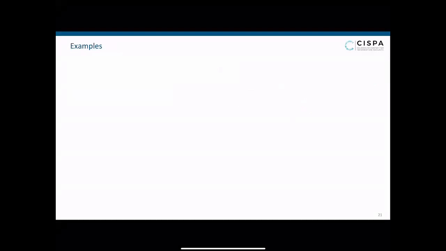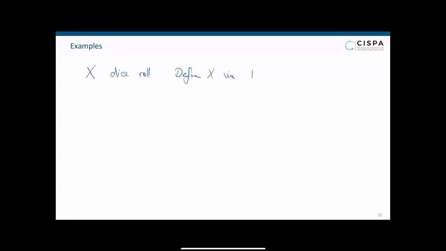Okay, now a really quick example. Just to see some notation, if x is a dice roll, then we define x via the probability that x equals i is 1/6 for i in 1 until 6.